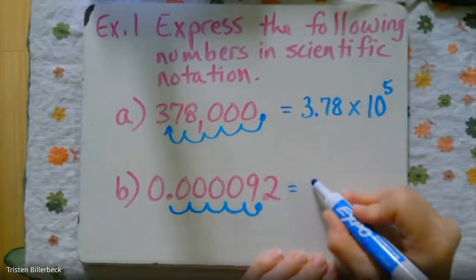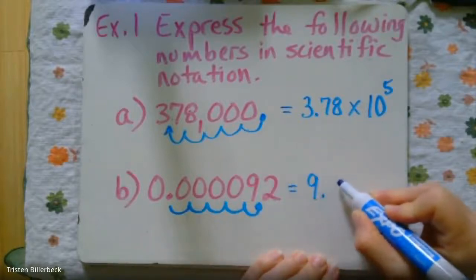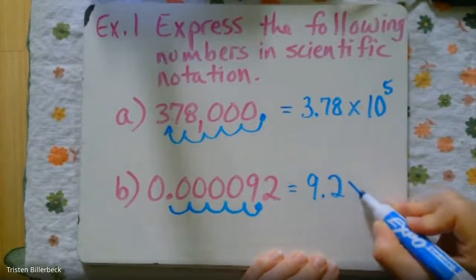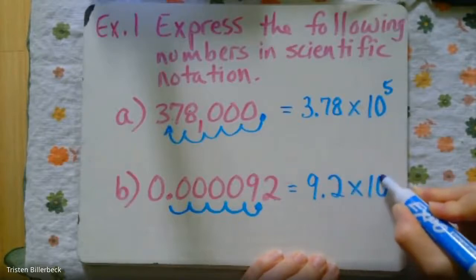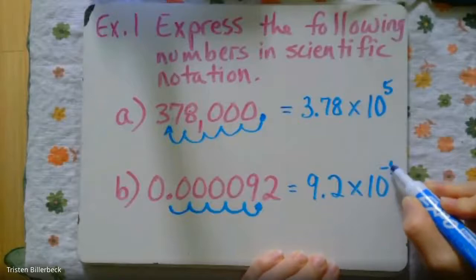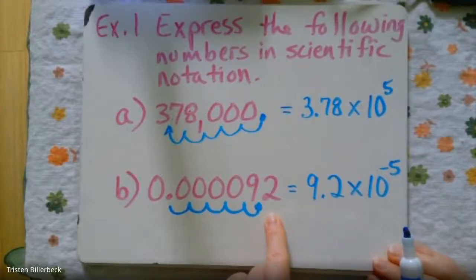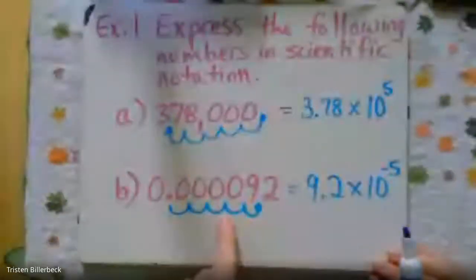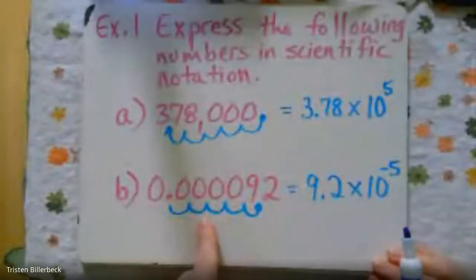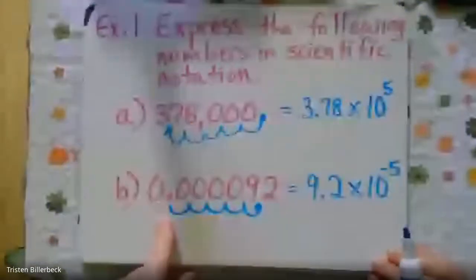To make this into scientific notation, we'd write 9.2 times 10 to the negative 5, because in order to make this number, we had to multiply it by 10 five times. 1, 2, 3, 4, 5.